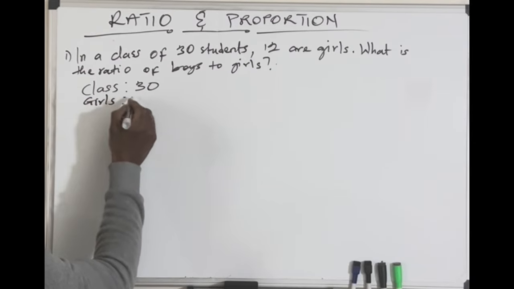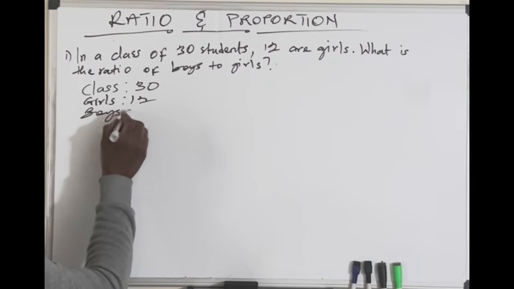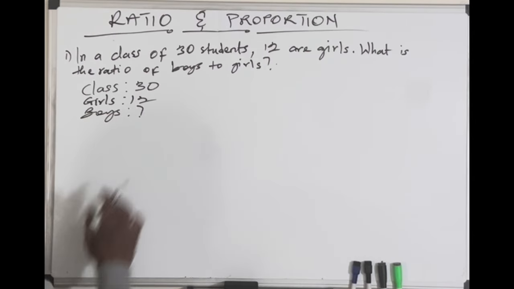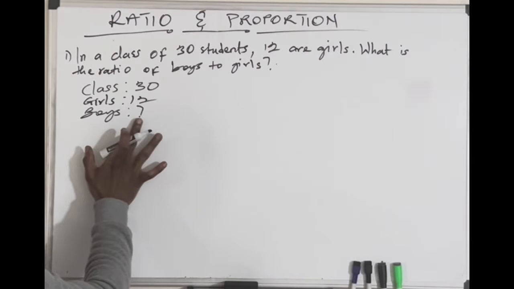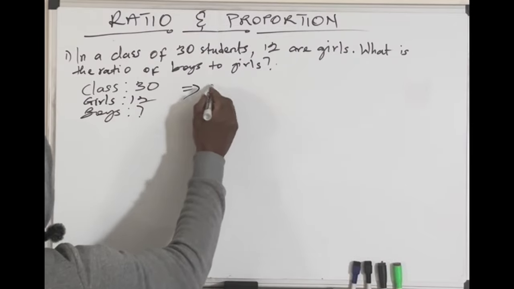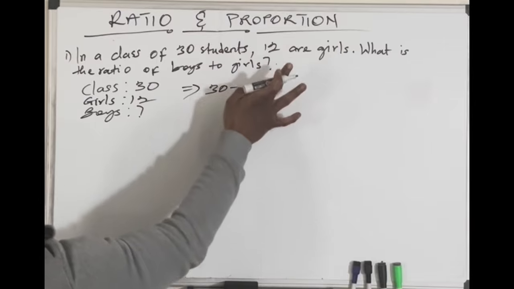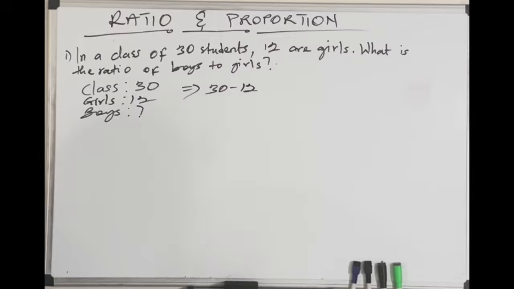And girls are 12, but the boys we don't know. So we can't find the ratio of boys to girls unless we're able to find how many are boys. Okay, so you just need to subtract the girls, 12, from the 30, the whole class.